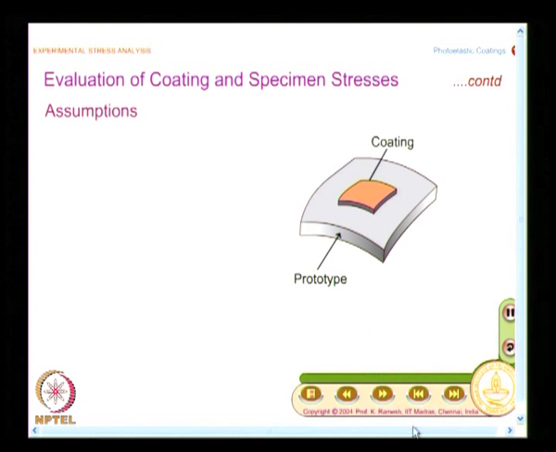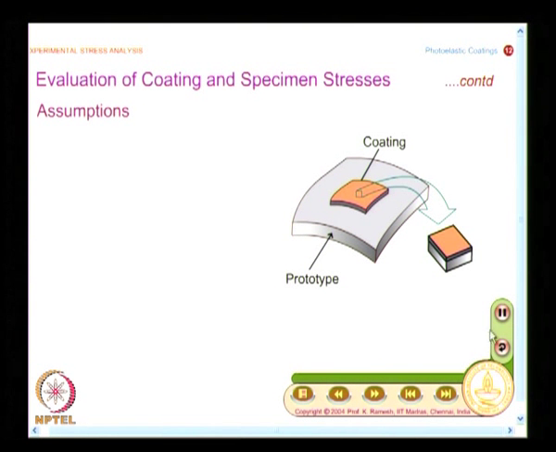And what do we see? We also have a very nice way of looking at it. I have this as a prototype that is given in a gray shade. On the prototype I put a coating at a place of interest which is large enough, and I take a small elemental element which is shown here, and I have full freedom to select my axis at the point of interest.